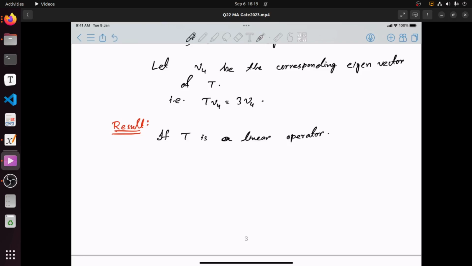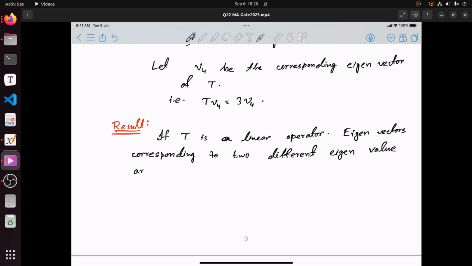Eigenvectors corresponding to two different eigenvalues are always independent.